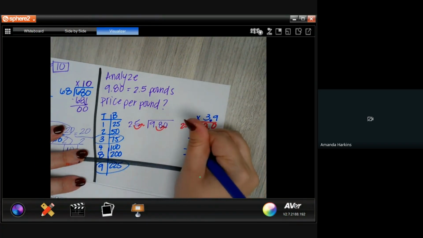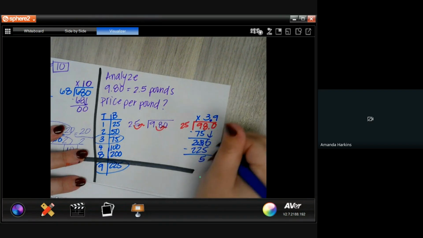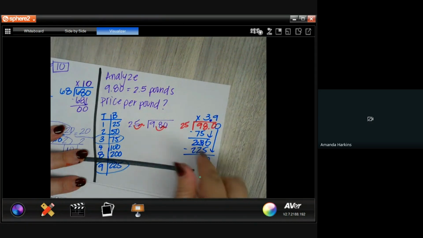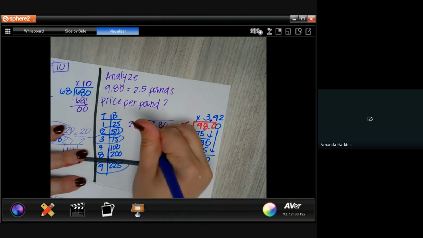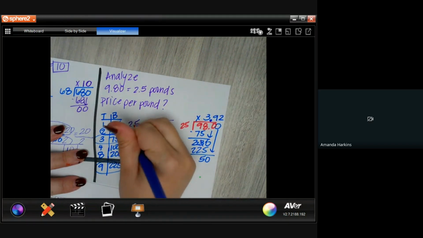Subtract. That's 5. Bring down another 0. 25 can go into 50 twice. So it was $3.92 per pound.